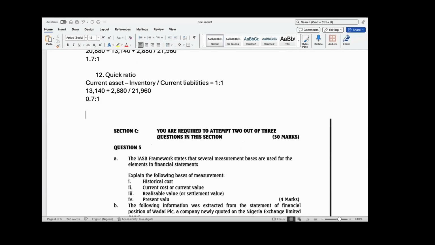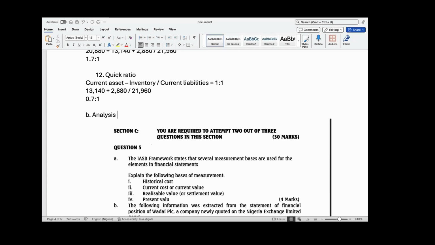Usually, this one is a little straightforward because you're only asked to compute ratios for 1 year. If you're asked to compute ratios for 2 years, analysis would involve comparing 1 year with another. But in this case, they want you to compare the ratios for the current year of this company with the industry, because they gave us the industry ratios.